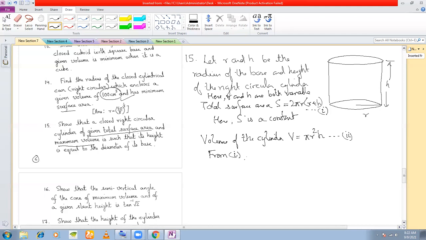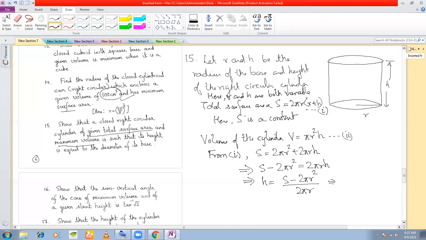So from 1, you have S is equal to 2 pi r square plus 2 pi r h. Right. So therefore, you can find out the value of h from here. So S minus 2 pi r square is equal to 2 pi r h. That means h is equal to S minus 2 pi r square divided by 2 pi r.